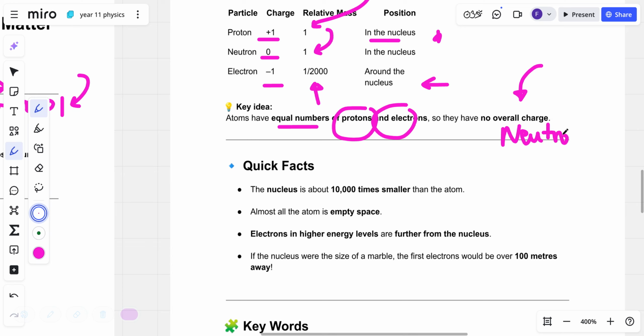If I wrote an exam question like, explain why the overall charge of an atom is neutral, I would use that term. But if in your answer you said the number of protons is equal to the number of electrons, so there's no overall charge, I will still give you the mark. You don't have to use this word, but we will.